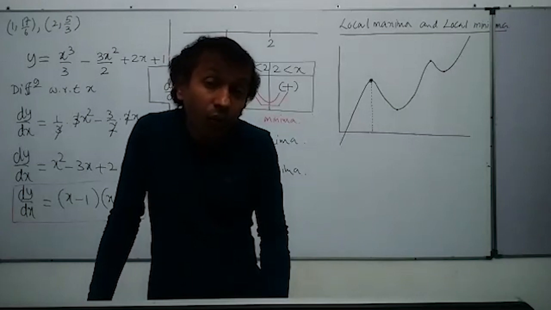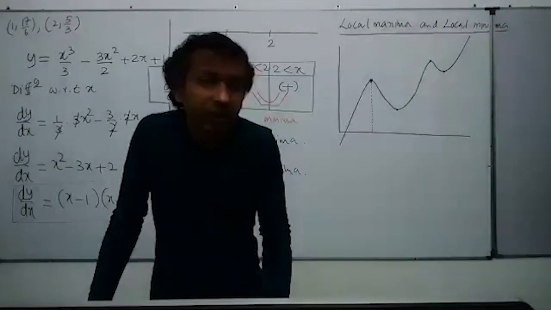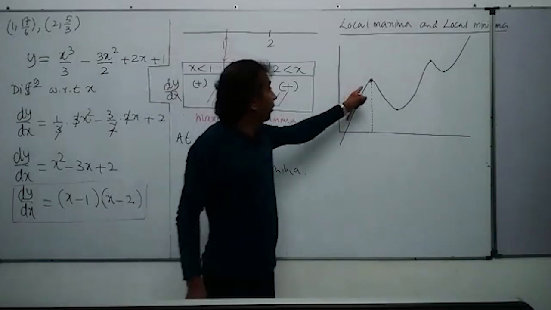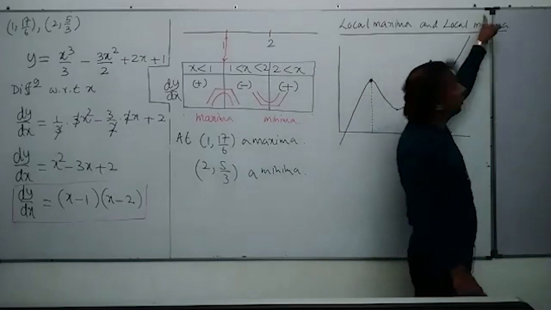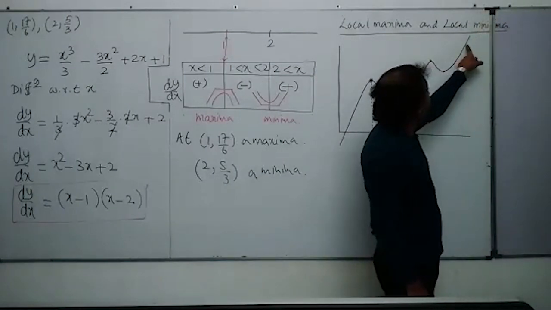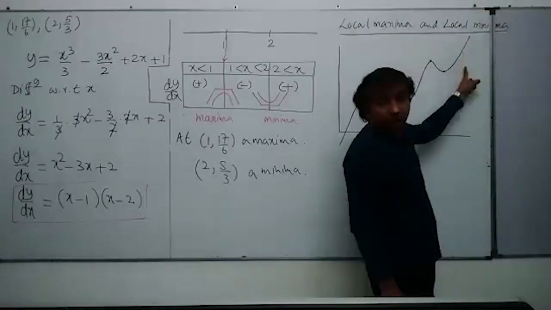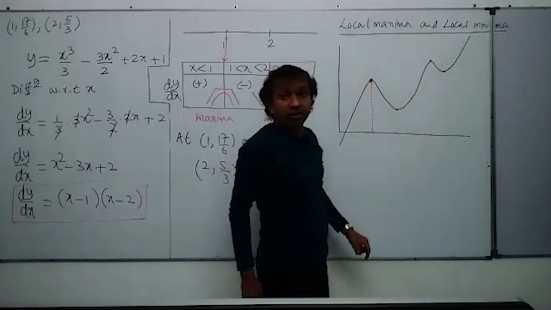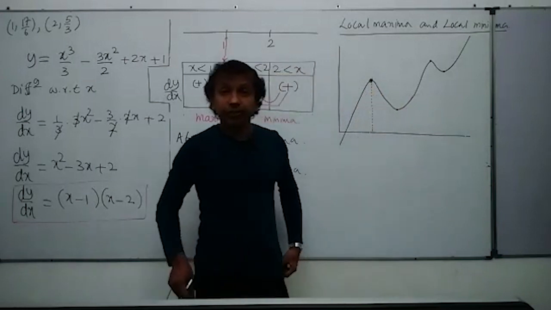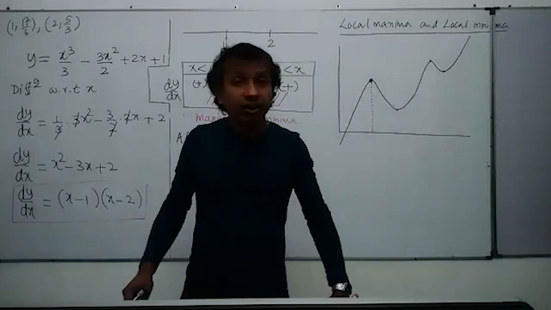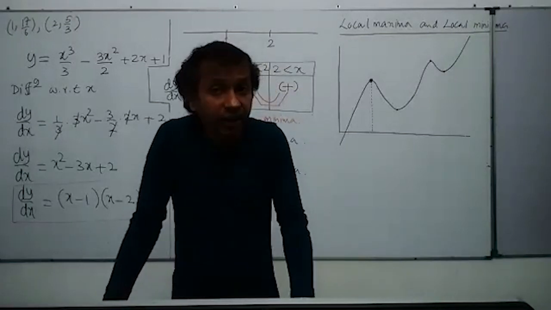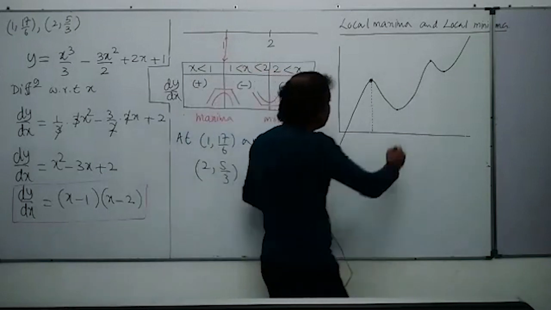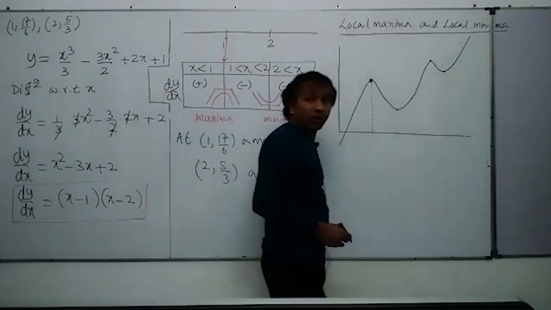But the overall maximum value of the y coordinate of the graph is not this. Here you can see the graph is going this way toward plus infinity. So when we consider a point somewhere here, its y value is of course greater than the y value of that maximum point. Therefore, such points are called local maxima. Similarly, here this point and this point are called local minima.